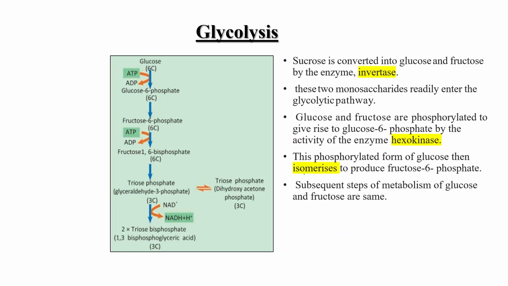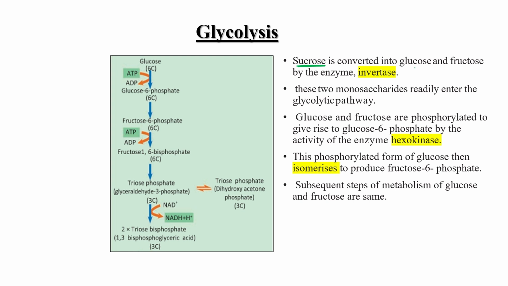Clear? So in glycolysis, first this sucrose, which is a disaccharide, also known as invert sugar, is converted into its monomeric units or monosaccharides.